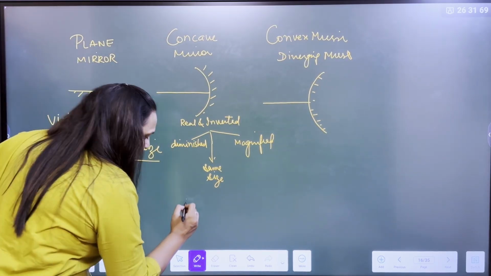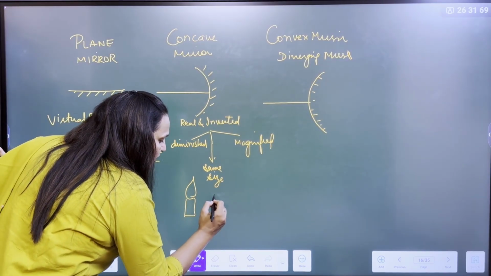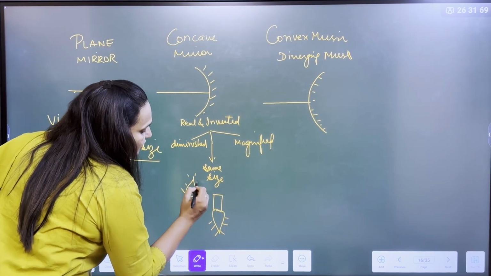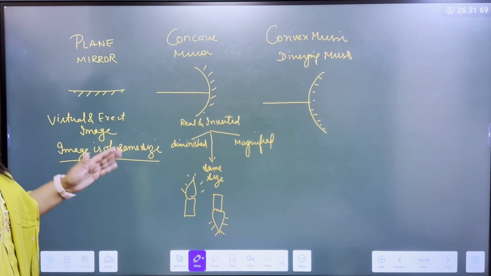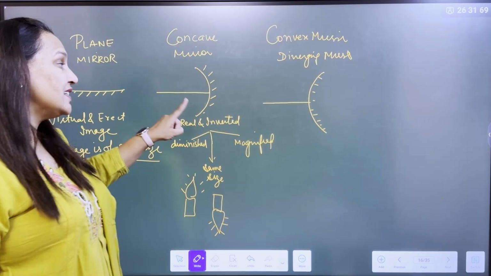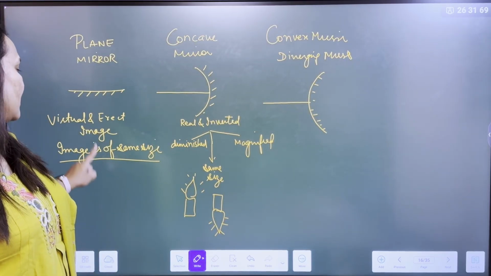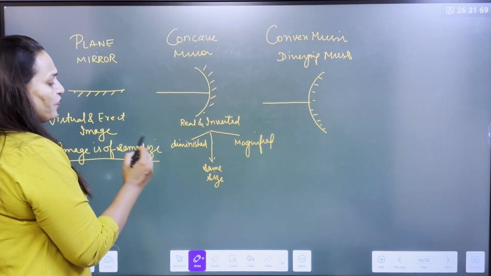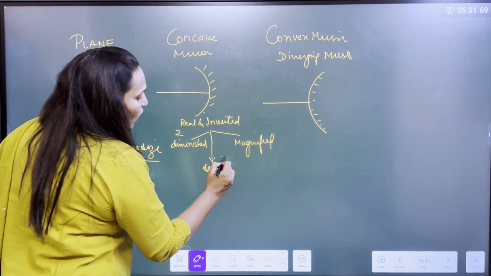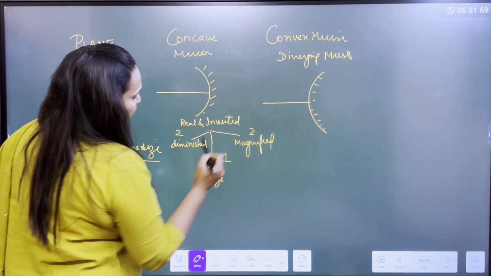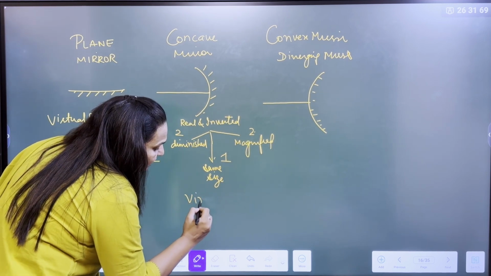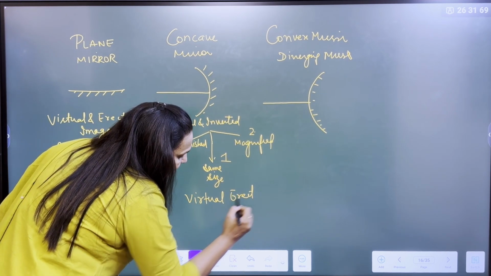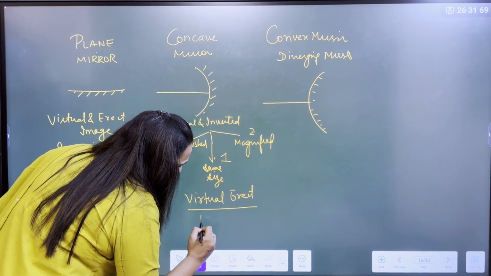If your candle is like this, an inverted image means your candle will appear like this. This is called an inverted image. Here the same size image is inverted. Plane mirror, same size image is virtual and erect. So, two diminished, one same size, two magnified. But the sixth type of image is virtual and erect, that is magnified.